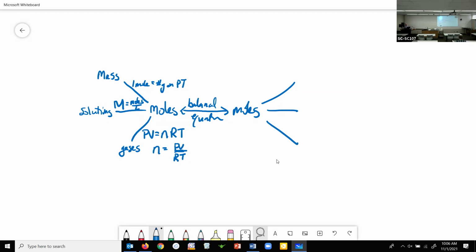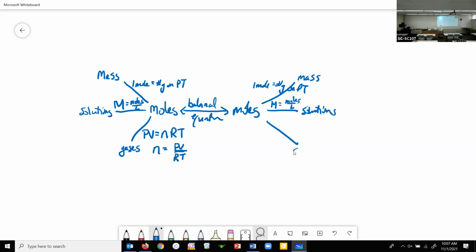The good news is those same 3 relationships are the ways we get out of moles too. If we want to know how many grams, we look up the conversion factor on the periodic table. If we're dealing with a solution, we use molarity: molarity equals moles per liter.